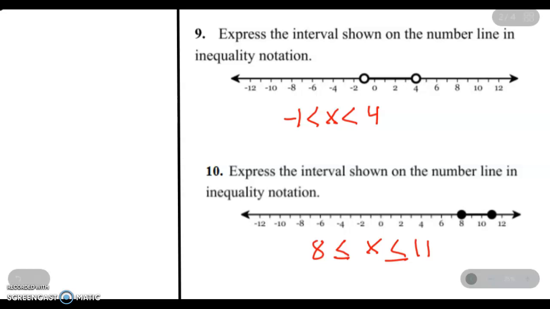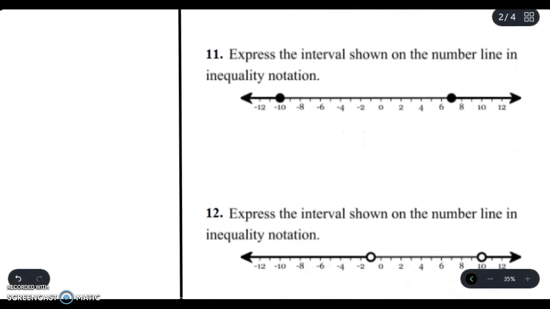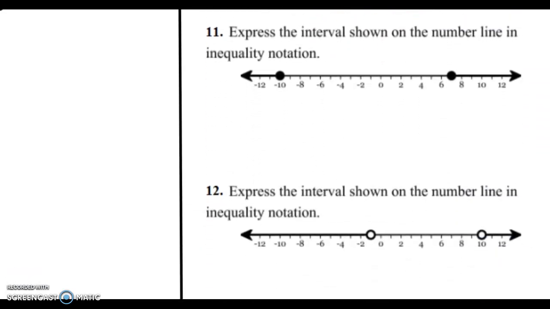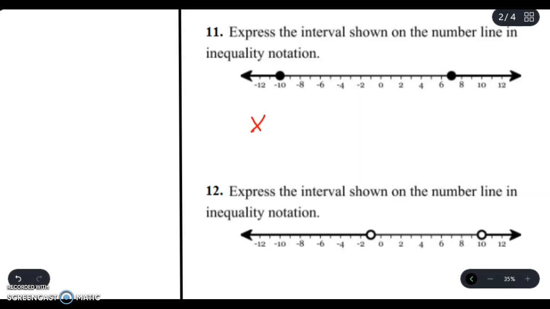Okay, now these are both ORs. Here you just graph each individual inequality and put OR in between them. So here we've got x is less than or equal to negative 10, because it's filled in, or x is greater than or equal to 7.